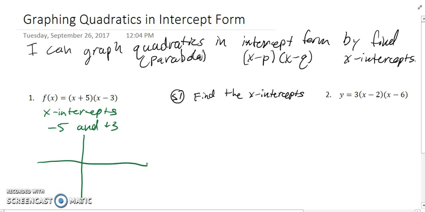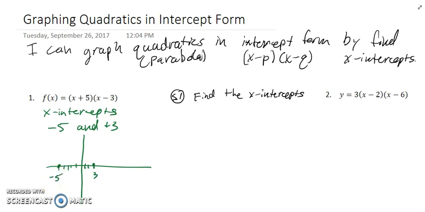We have -5 and +3. So 1, 2, 3, 4, 5. +3, 1, 2, 3. Find our x-intercepts. That's step 1. And so we have 3 and -5.